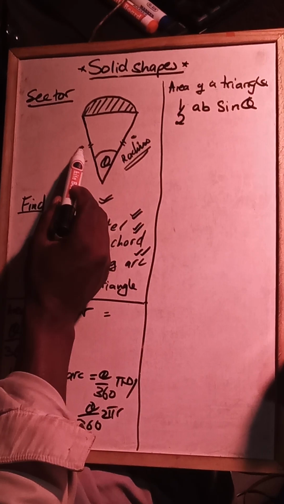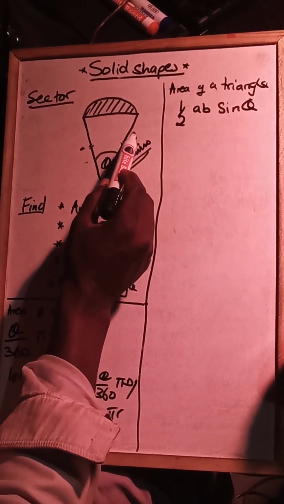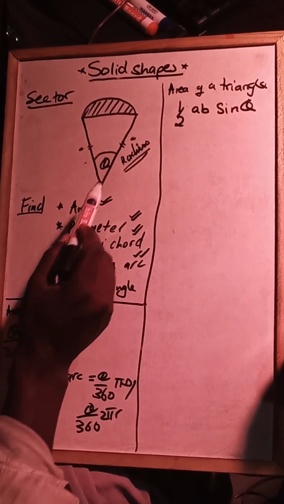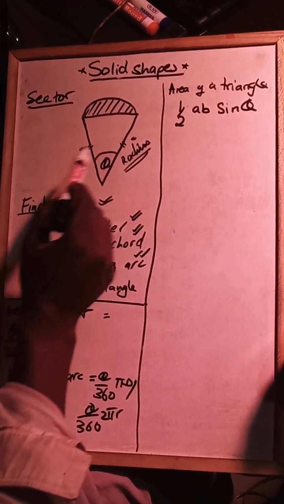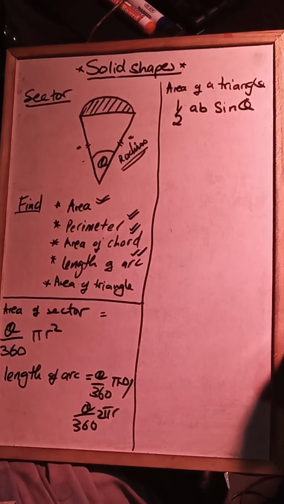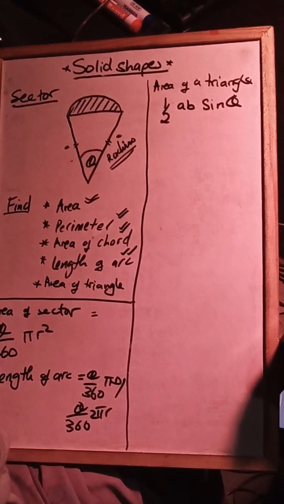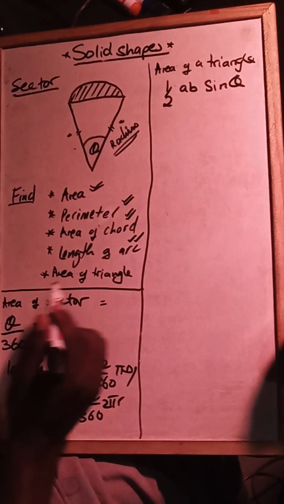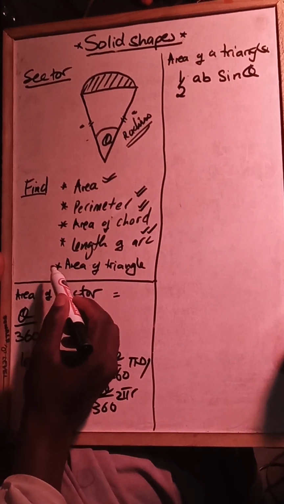So this can be your a, this can be your b, or this can be your b, and this can be your a, right? Let us go down a little bit.